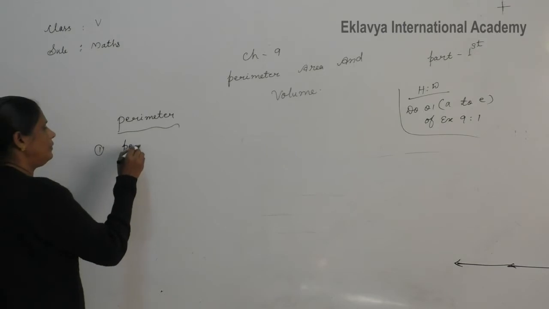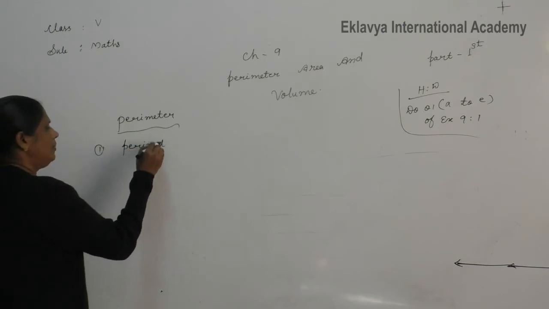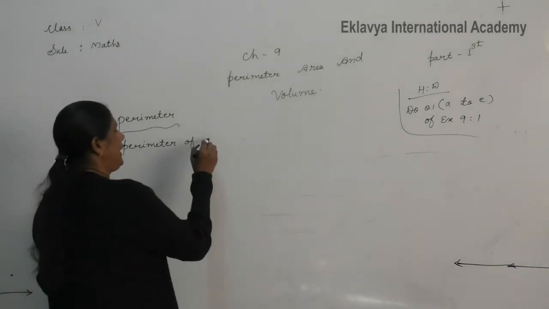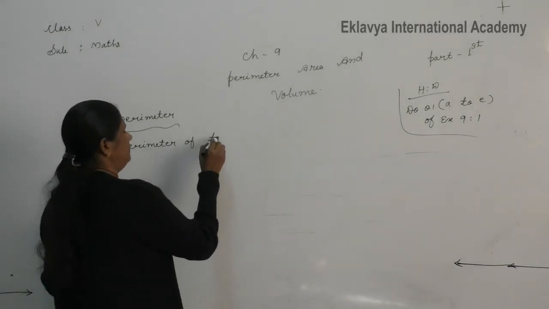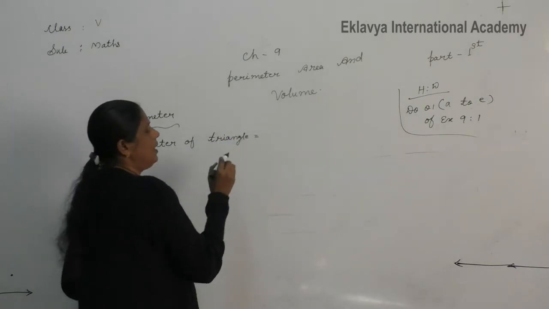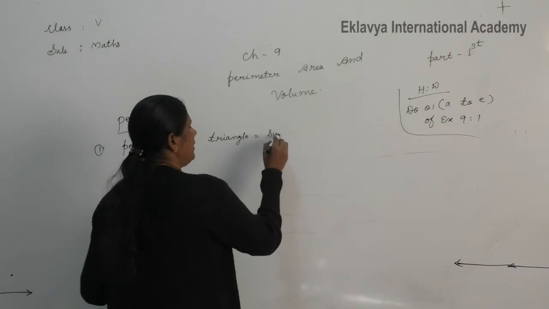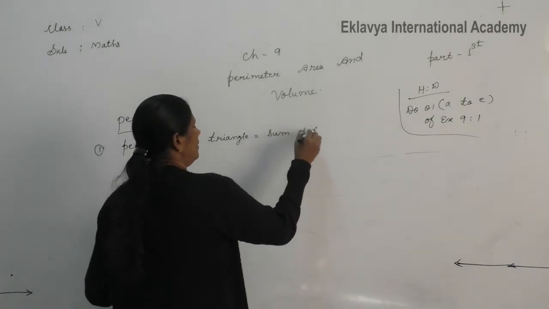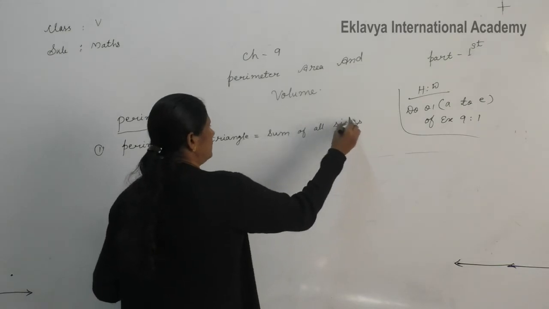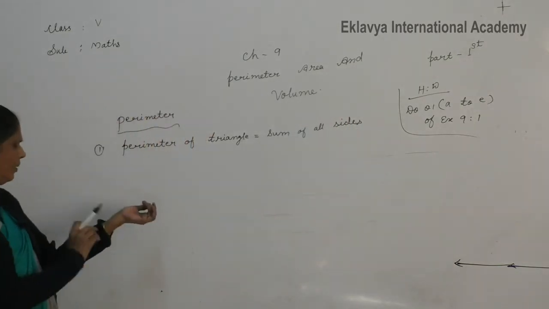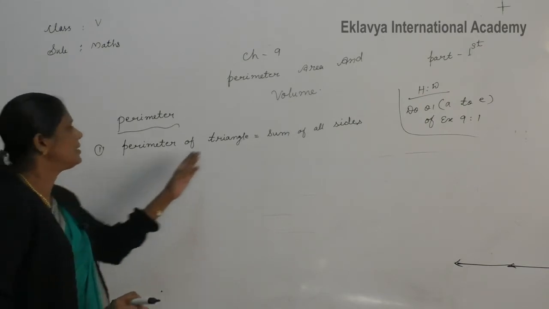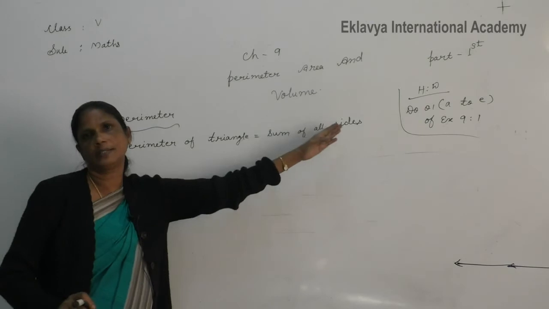Perimeter of triangle is equal to the sum of all sides.